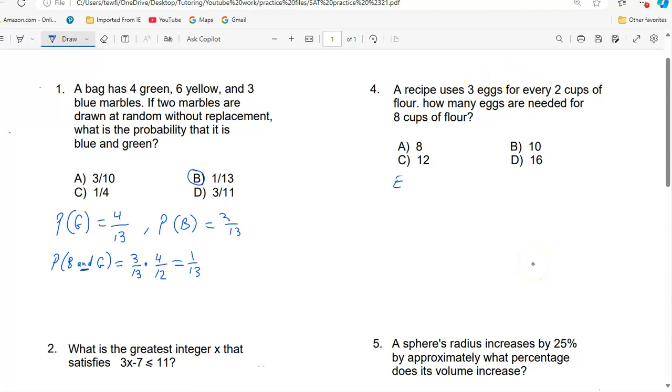Eggs to flour is 3 over 2. That equals, what we're looking for is the eggs, so the top is missing. x, number of eggs, over 8 cups of flour. If we cross multiply, 2 times x is 2x, equals 3 times 8, 24. If I divide both sides by 2, x should be equal to 12. So that is choice C.